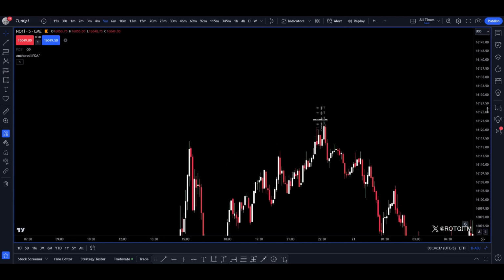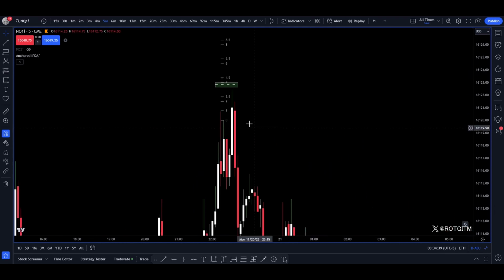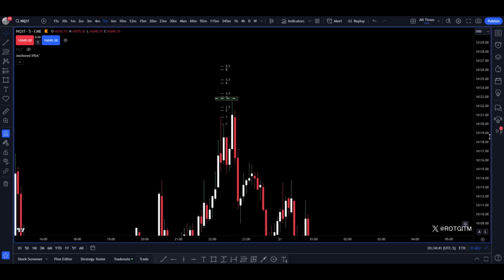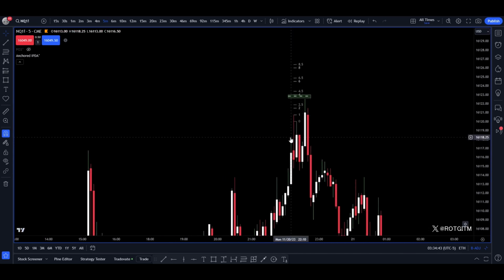Again, here we have a high made here, reaches up into that wick, comes off of it, goes back up to 3rd standard deviation here.